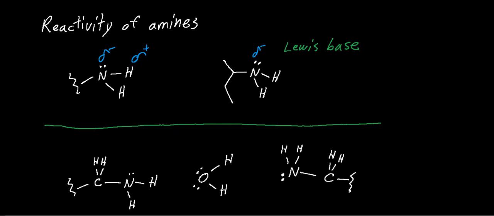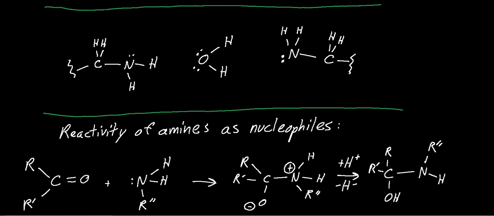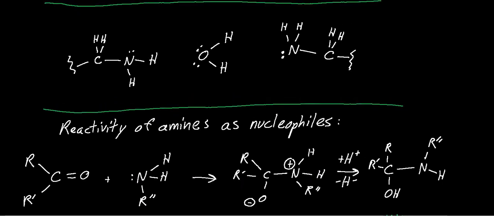Likewise, delta minus, delta plus when we look at the nitrogen to carbon bond next to it. And so the Lewis base reactivity is simply electron pair donation, electron pair bond forming, classic Lewis base.